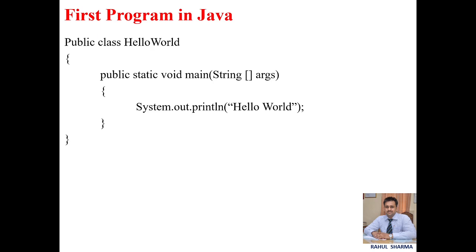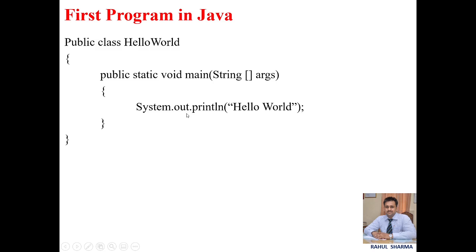As we use the scope resolution operator in C++, here if we put a dot operator after the class name, it will access a static member function or variable. Here out is a static reference variable, and any object reference or address is kept in it. So out is like a pointer.